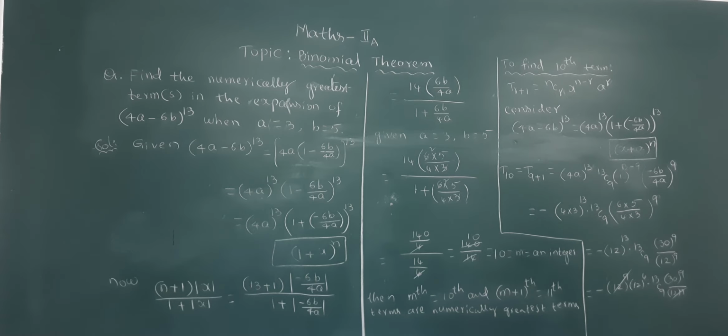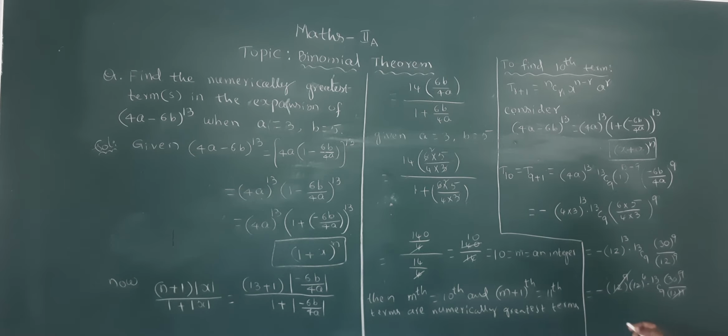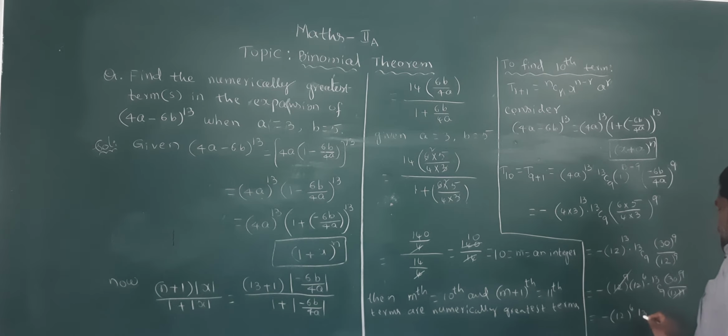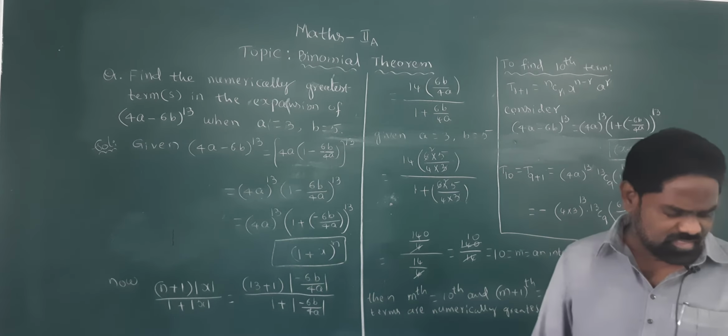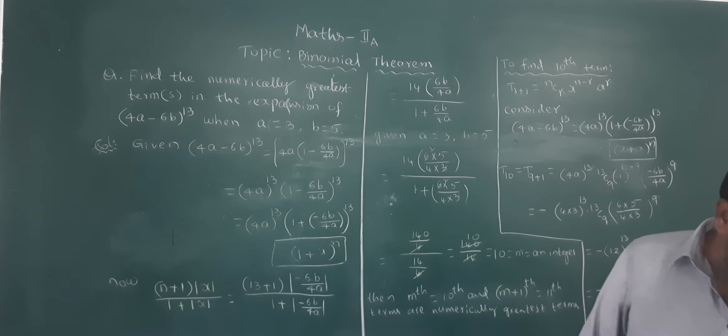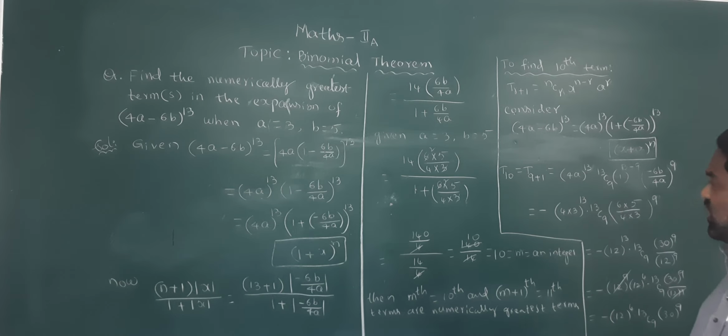We get minus 12 power 4, 13C9, 30 power 9. This is our required result for the 10th term. Understand? The 10th term we can get like this.